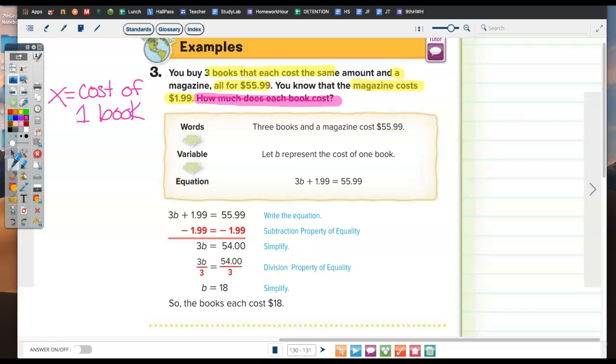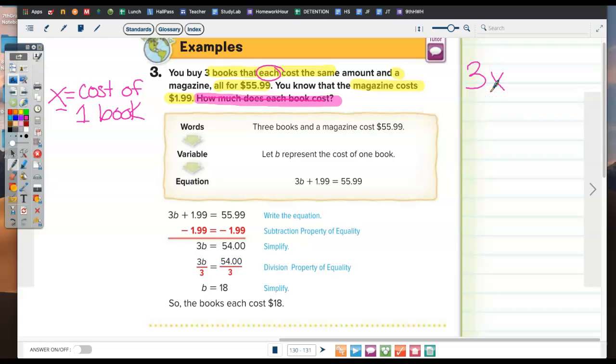Okay? So now if I'm going to write my story problem, I'm going to buy 3 books. So I have 3. Each means what? Multiply. So each cost, do we know the cost? No. So that's going to be our x. Okay?